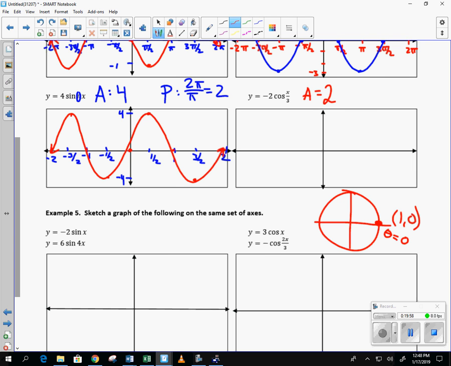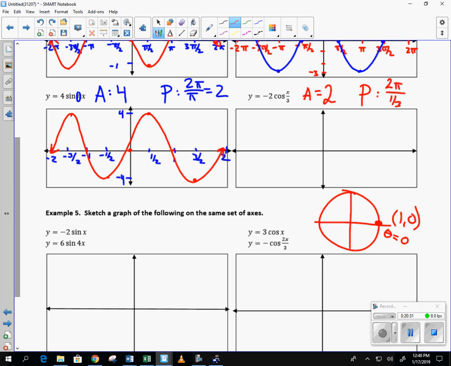Now what? 2 pi divided by, what's the number in front of x? 1/3. 2 pi divided by 1/3.